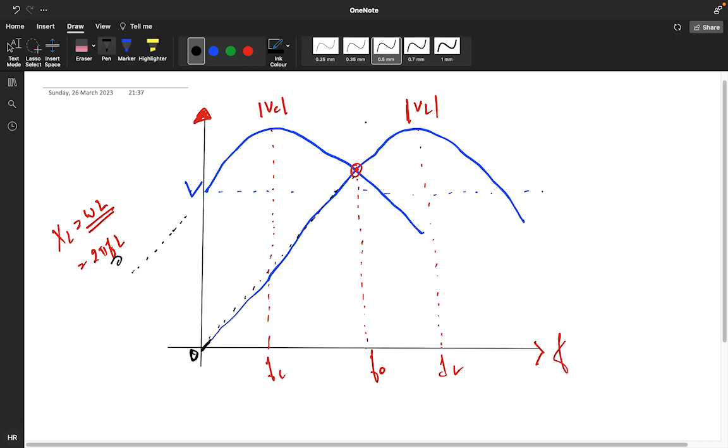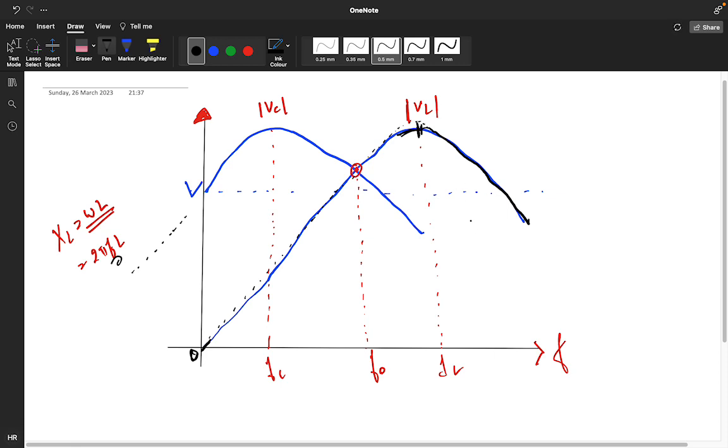My voltage is increasing. At some point it will exceed its limit, meaning it reaches a maximum point, and again it will start decreasing.